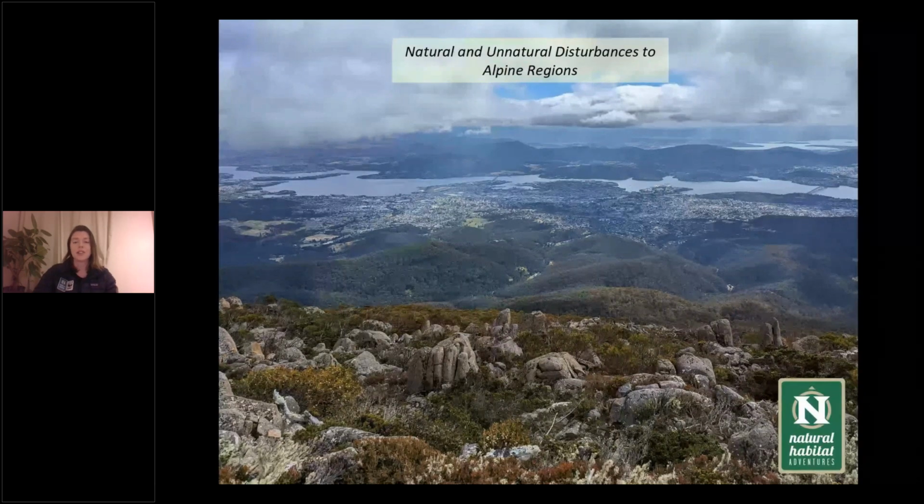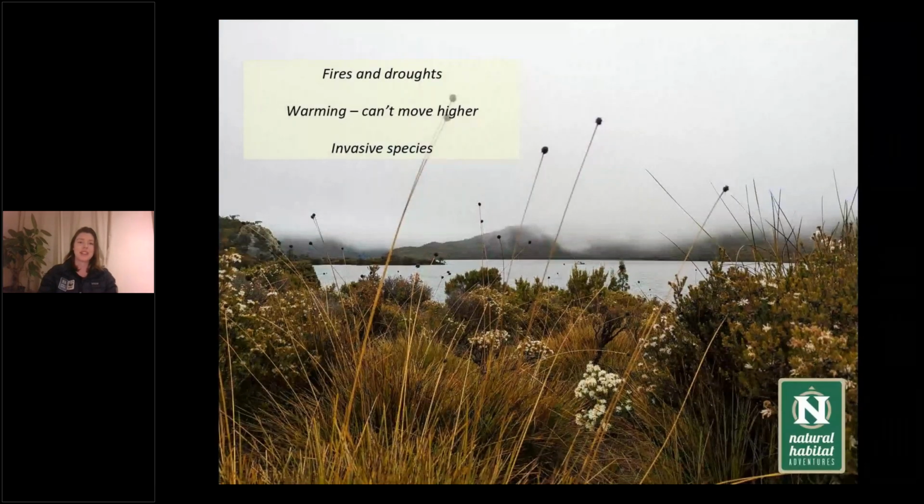So just a thing to think about as we move through. So like I mentioned, warming can't move higher, invasive species, and fire and droughts. This is our beautiful button grass moorlands that we see up in Cradle Mountain, and it really hosts so much diversity that is impacted by so many different factors as we move through.